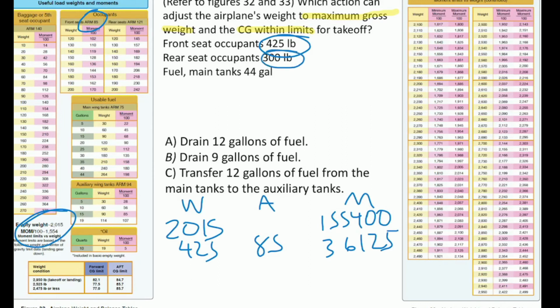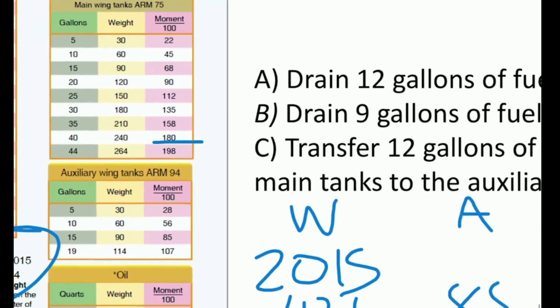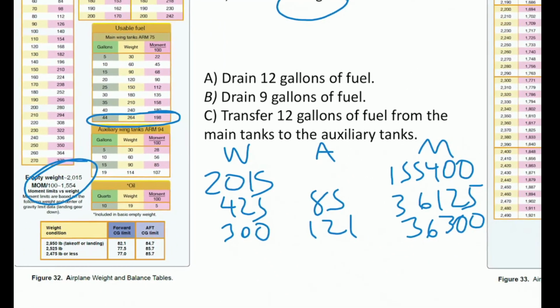Rear seat 300, arm 121, so 300 times 121. Moment is 36,300. Then we got fuel, 44 gallons. We know that 44 gallons is a weight of 264.